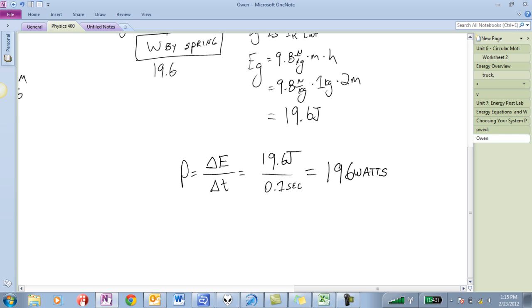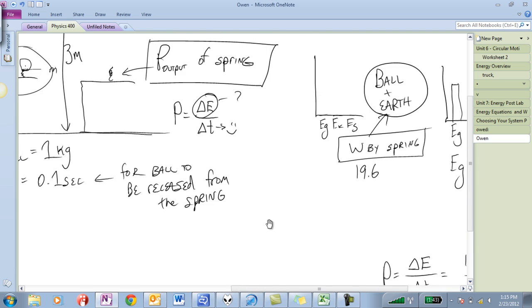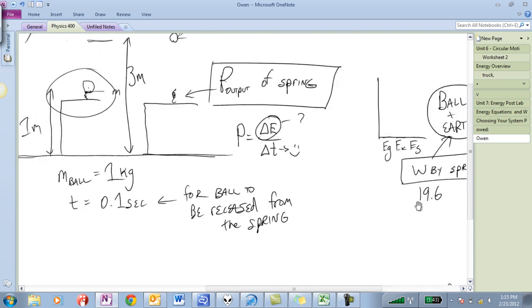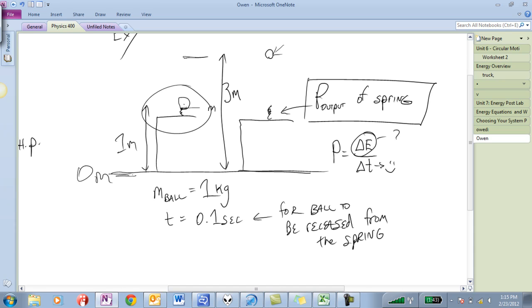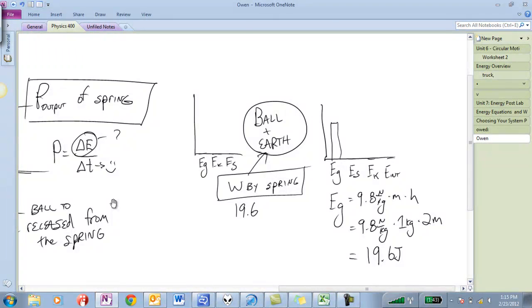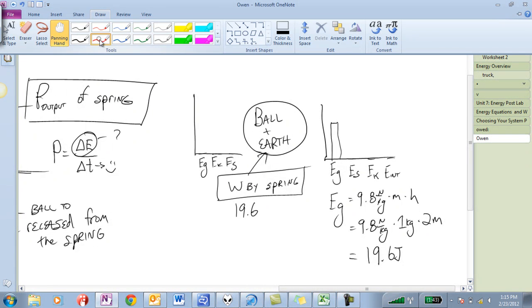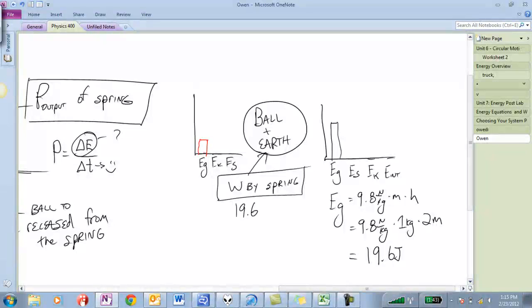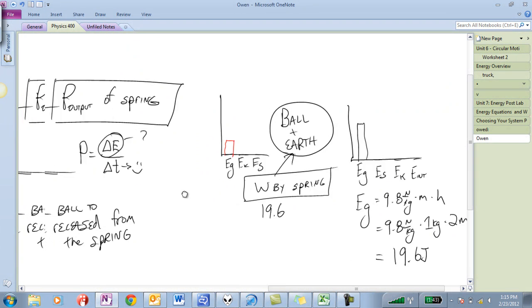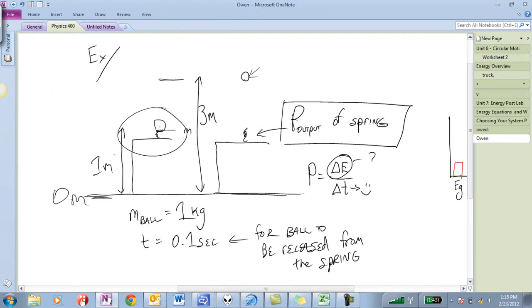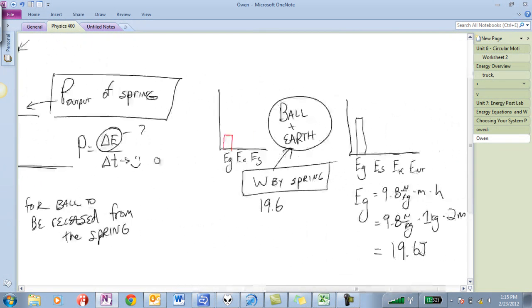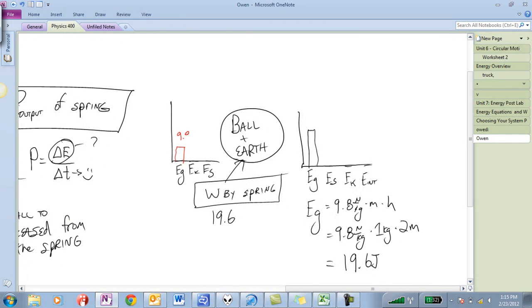Now, I want to briefly go back to our LOL diagram where, let's say, if we would have picked our 0 marker down there, how would this change? Well, that would mean I would have some EG at the beginning, correct? That EG would be calculated by doing 1 meter times 9.8 times 1 kilogram, correct? And so if we did that, you would realize that that is 9.8 joules.